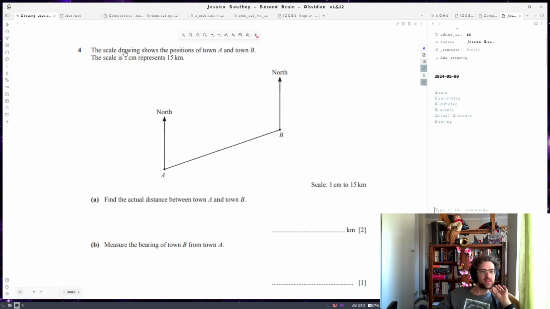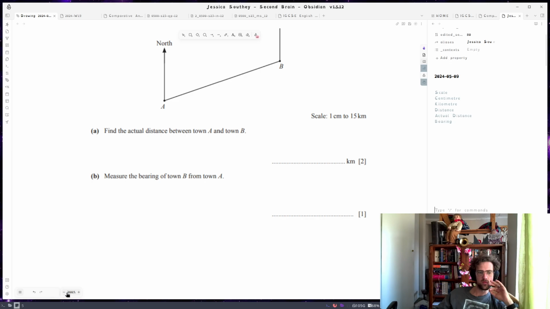So the scale drawing shows the positions of town A and town B. So what does it mean for it to be a scale drawing?